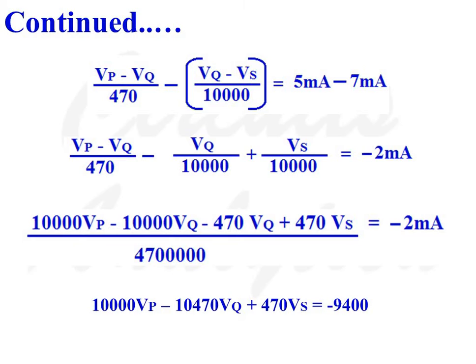So taking LCM as 47 lakhs, we can write 10,000 Vp minus 10,000 Vq minus 470 Vq plus 470 Vs the whole divided by 47 lakhs is equal to minus 2 milliampere. So 10,000 Vp minus 10,470 Vq plus 470 Vs is equal to minus 9,400.